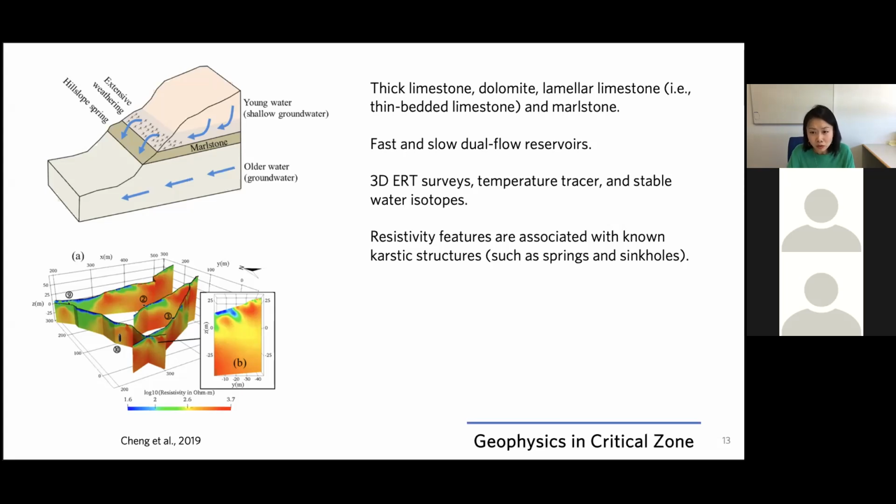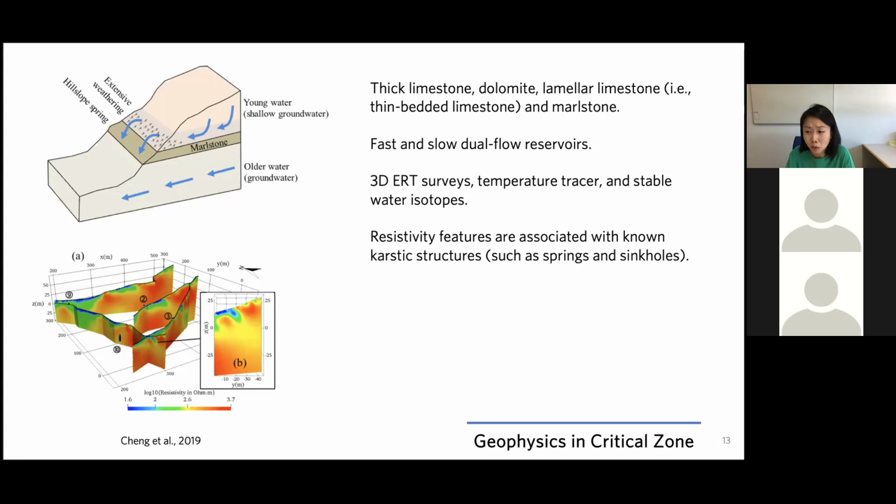And the low resistivity layer identified in the 3D image is believed to be the marlstone layer, which is very important in dominating the regional flow. This is a horizontal continuous impeding layer, channeling the spring flow and confining the deeper groundwater flow.